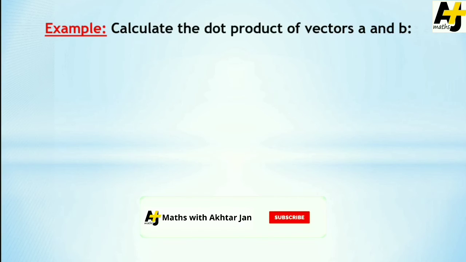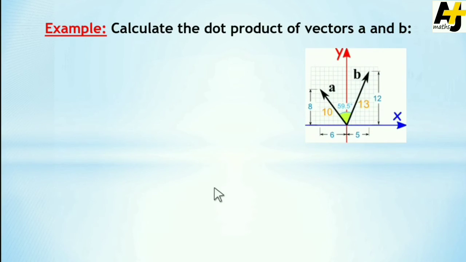Example: calculate the dot product of vectors a and b. Look at the diagram. Now we will calculate the dot product by two methods. Look at this, 10 is the magnitude of a and 13 is the magnitude of b, and 59.5 degrees is the angle between these two. So one formula we will use in this way: a dot b equal to magnitude of a into magnitude of b cos of theta.